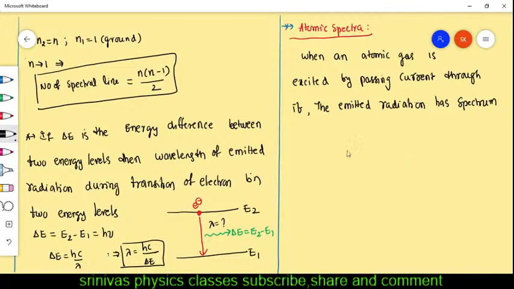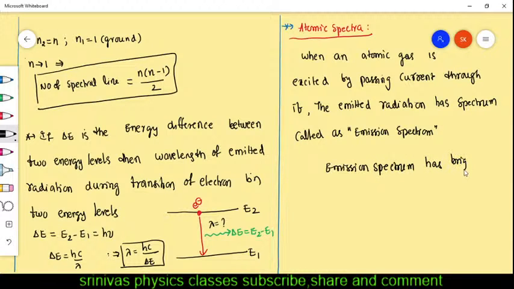The emitted radiation has a spectrum called the emission spectrum. The emission spectrum has bright lines on a dark background.